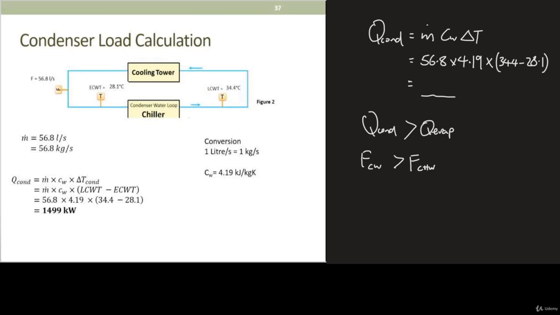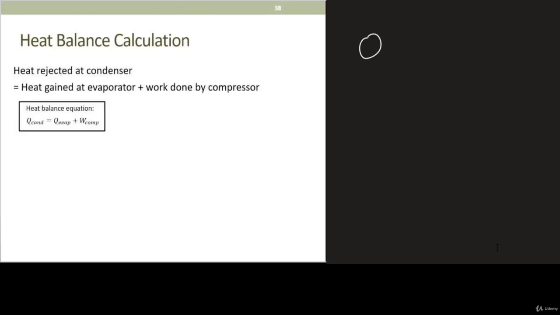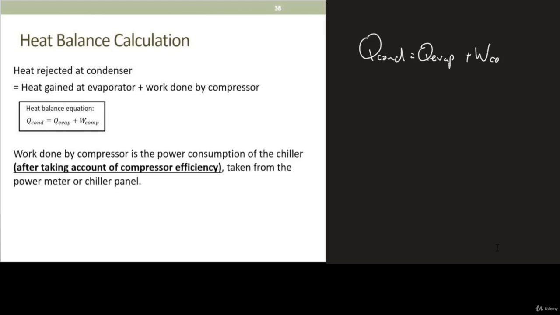So that is on the load calculation, which we use a very generic thermodynamic formula, which is m c delta T. So remember our heat balance calculation that we learned in topic 1 before, which is Q condenser is equal to Q evap plus W com. With these two values, you are able to calculate what is the work done by the compressor.